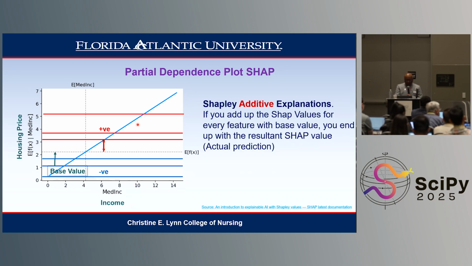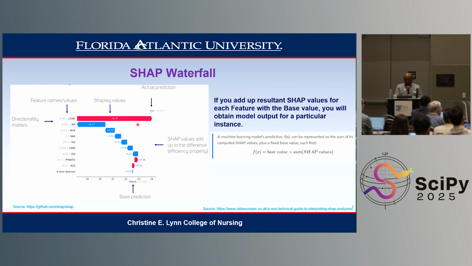Maybe we have lat long, proximity, other features. For all the different features, you get different SHAP values, and when we add them up, we get the actual prediction for the particular instance. It's local. Okay, you can make it global too. Let's go and see the different SHAP plots.